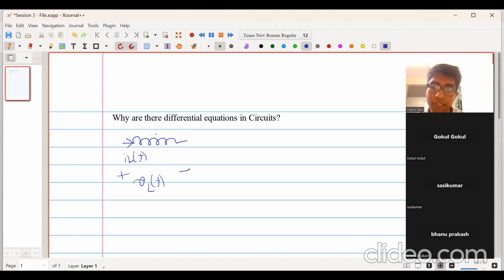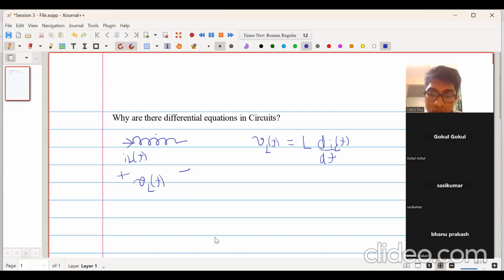The relation between the voltage across the inductor and the current flowing through it is VL with respect to time is L into dIL by dt. Because the inductor is an energy storing element, the voltage and the current are functions of some previous values. Because of this, differential equations arise when we solve these RLC circuits.